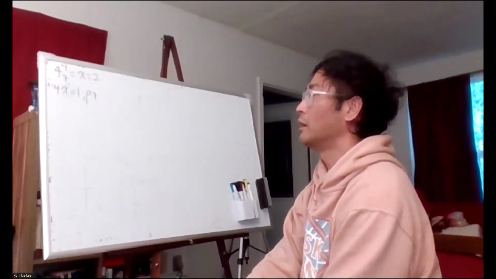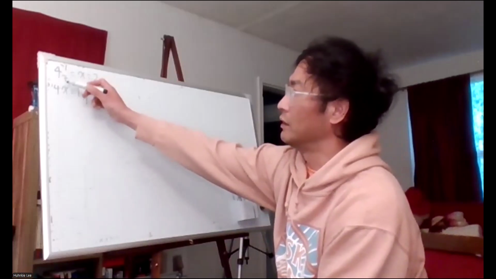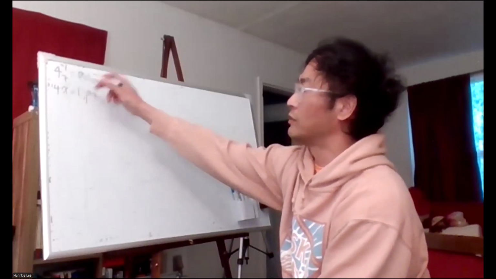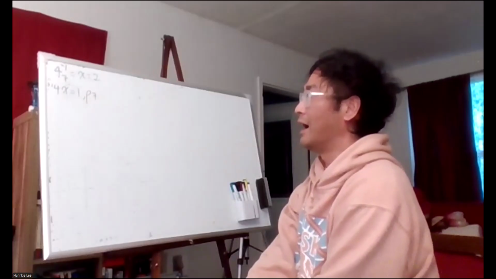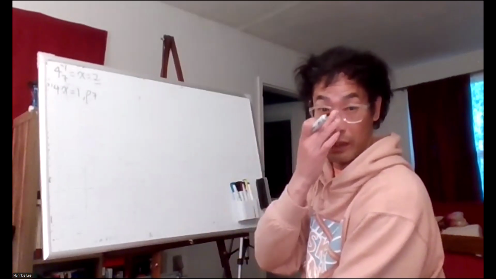So the notational convention is this. When we do this, for inverse row 7, that actually has to be less than 7, a positive number less than 7.